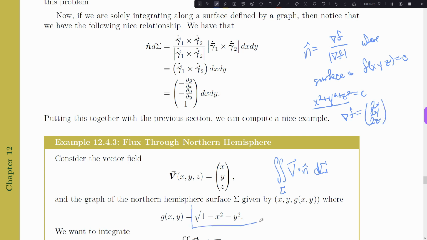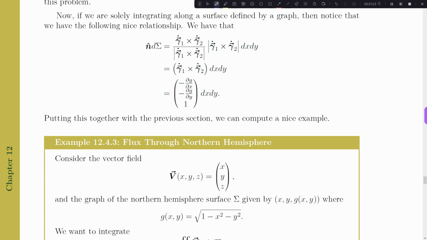Thankfully, we have a notion of what z is, so I'm going to shove z in there as 2x, 2y, 2 root 1 minus x squared minus y squared. And that is now the gradient of f. We would have to normalize that. Let's see where the book heads when it normalizes that.